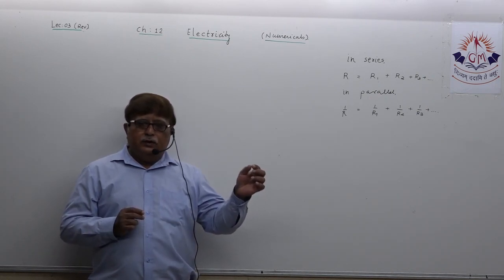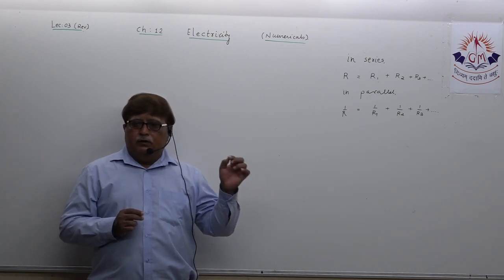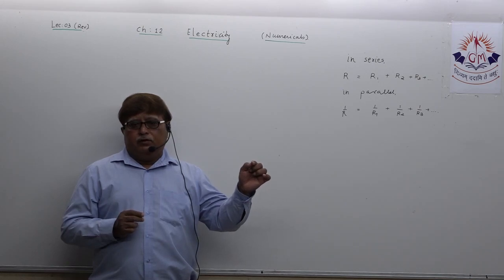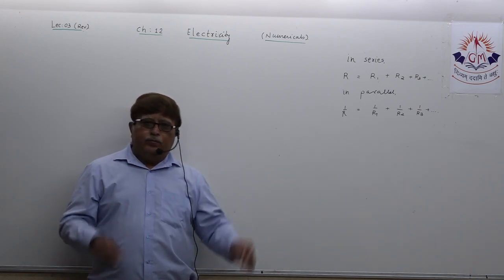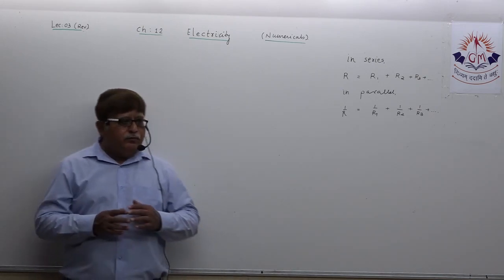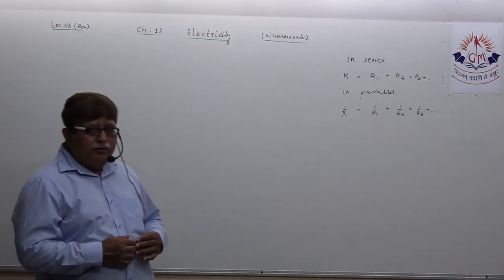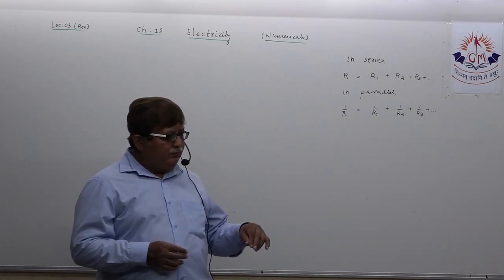The value of equivalent resistance is smaller than any of the resistors connected in parallel. This way, you need to remember the properties.